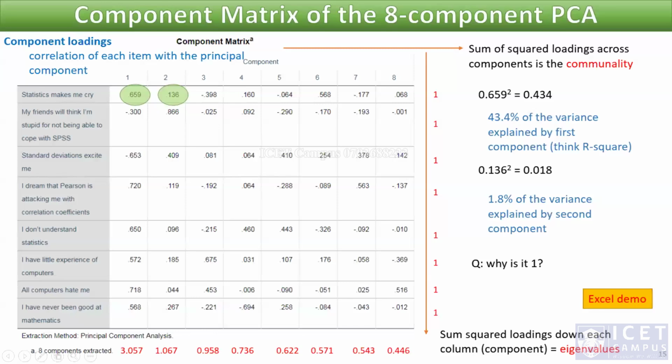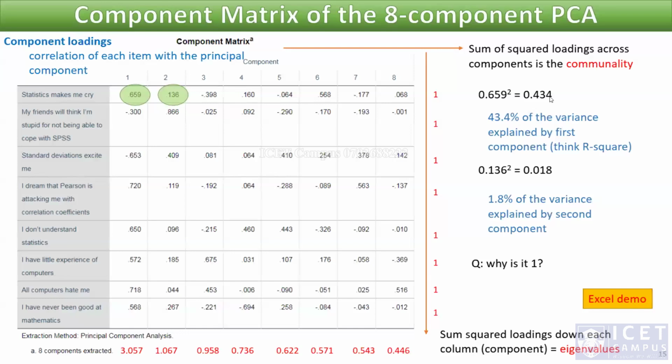Yeah. So these are what we call component loadings. It means correlation of the items with the principal component. Then the sum of the squared loadings across the components is what we call communality. For example, if we take this 0.659 squared, it is equal to 0.4434, which means that 43.4% of the variance is explained by the first component, like this R squared.